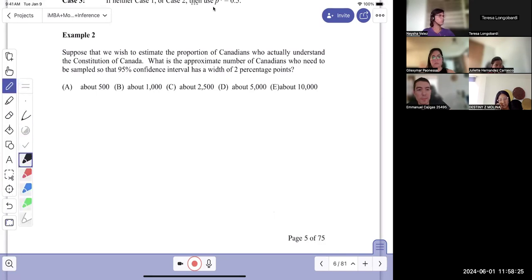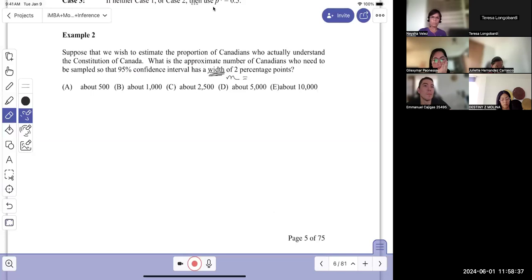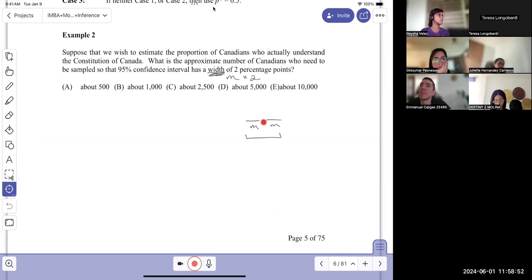A confidence interval's width, the other word for that is margin of error, not completely, but margin of error times 2. Because the total width of the interval is 2 margins, from the center, the point estimate.